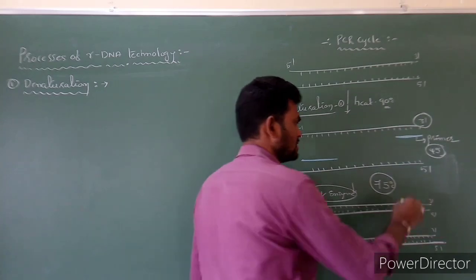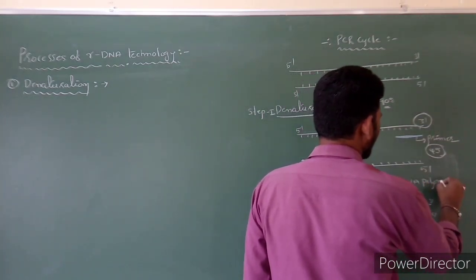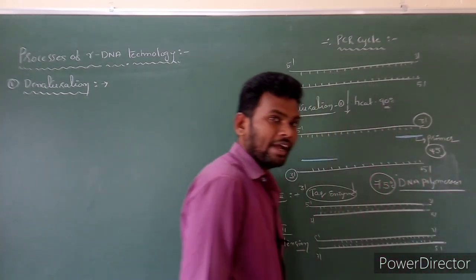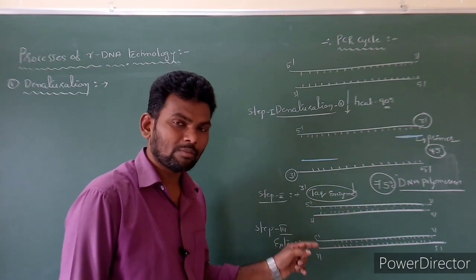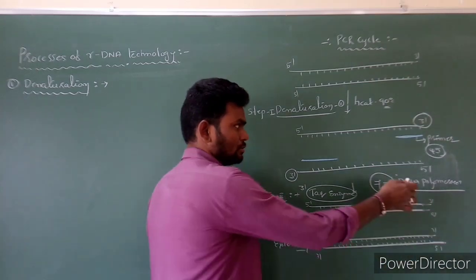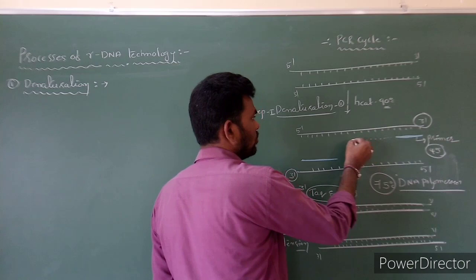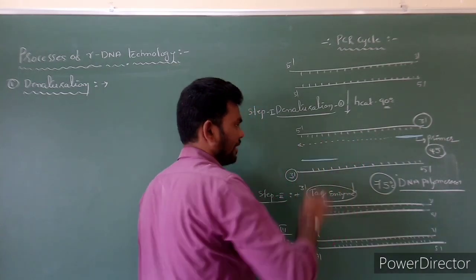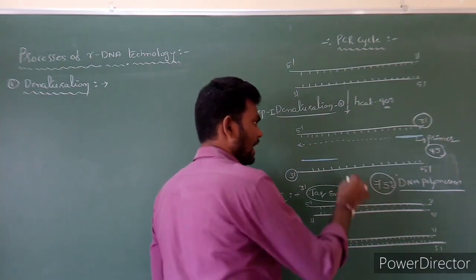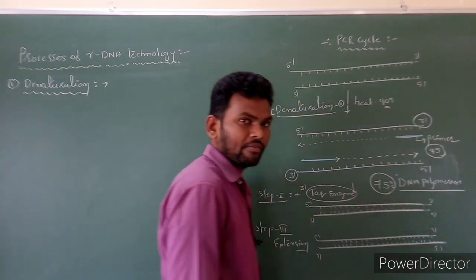This is a DNA polymerase enzyme. In the presence of DNA polymerase enzyme, the primers are extended from 3' to 5'. One primer moves towards this side, and the other primer moves towards this side. Clear?